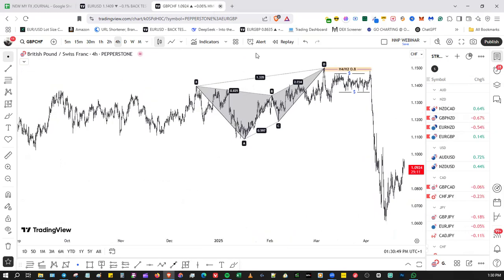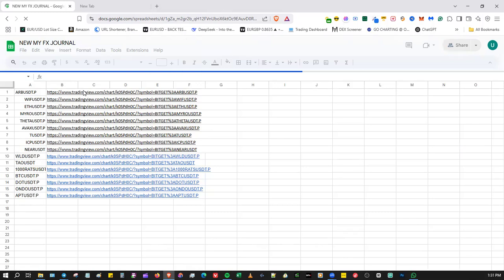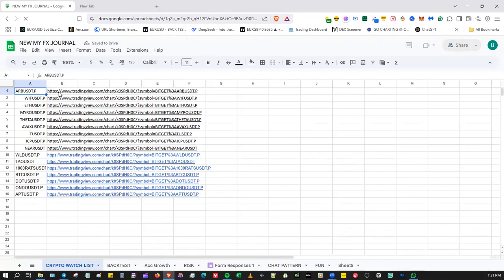So let's look at some currency pairs now. Let me see if I have. Let's look at some cryptocurrency pairs now, see most of those stuff in action. Okay. So let's start from this one.